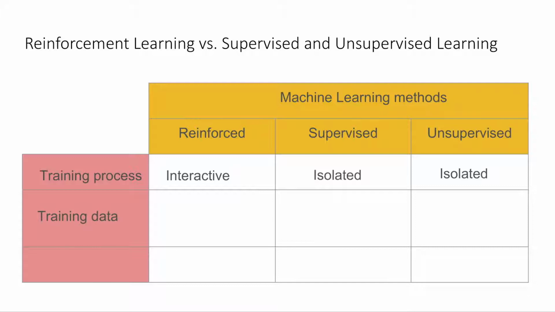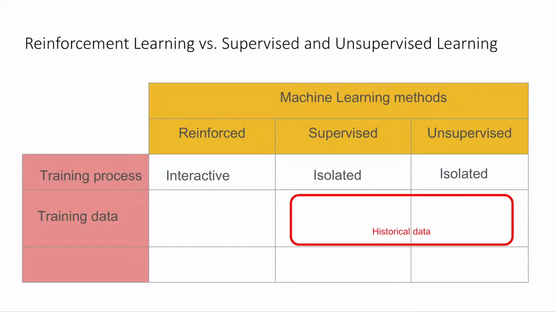The second difference comes from training data. In supervised and unsupervised learning, we have a bunch of historical data. In supervised learning, we have labeled data, meaning that each historical data point is paired with a ground truth label or value.